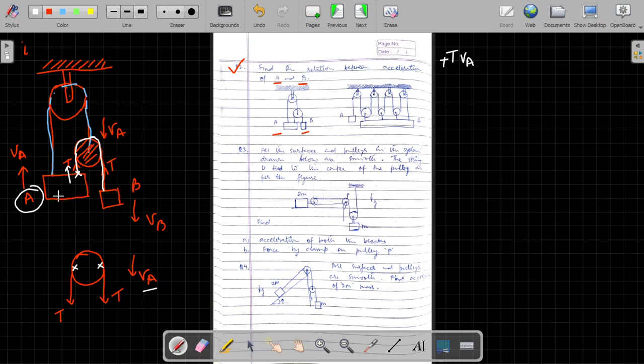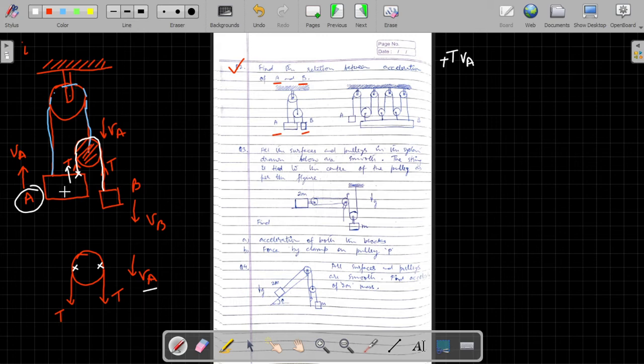We have to be careful about the velocity of the point of contact on the string, or all the points which the string is connected to. Usually those velocities are in variable terms.